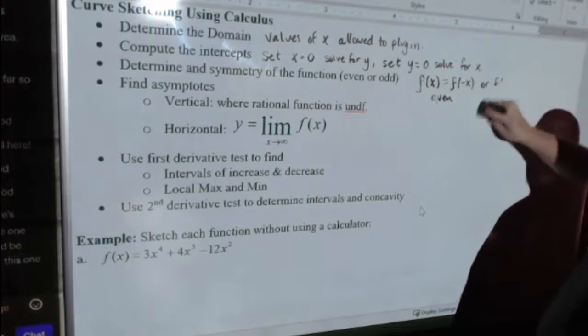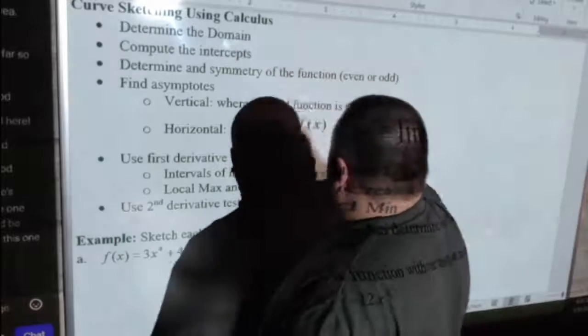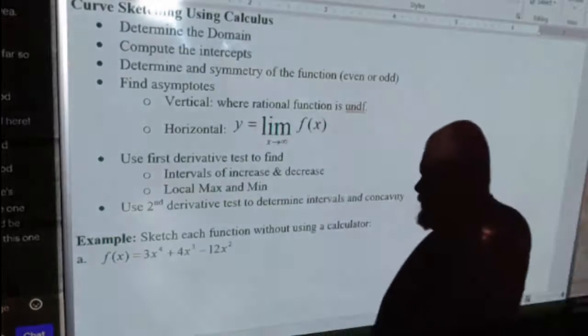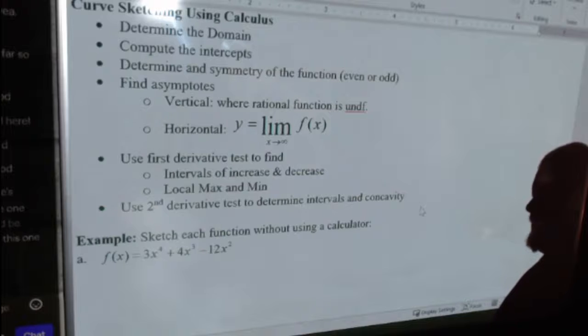So let me go ahead and try this first one. Is that a question?